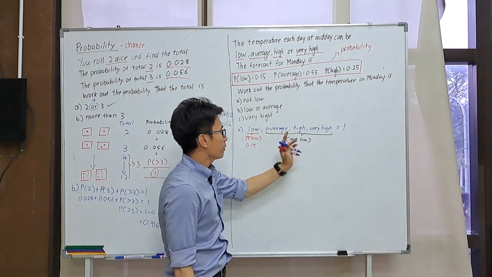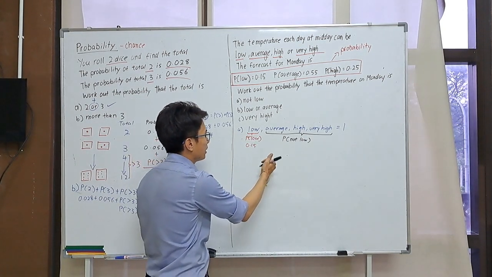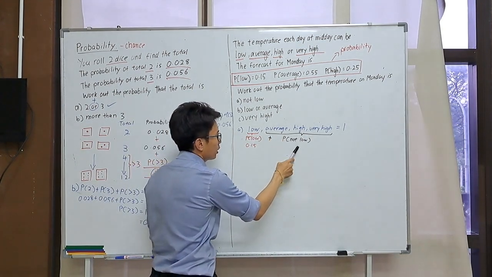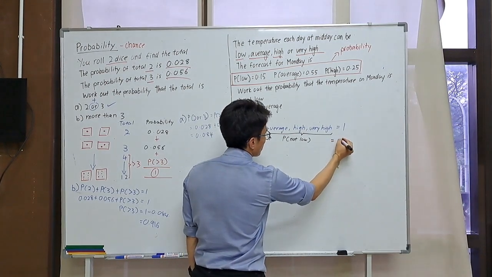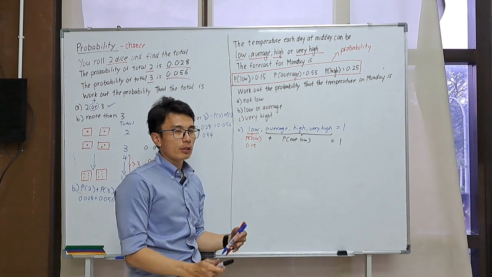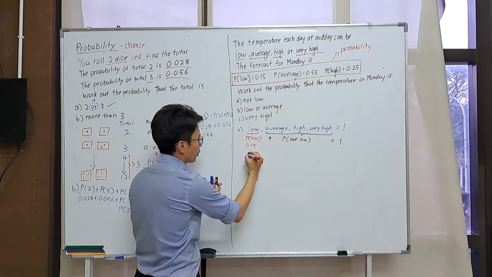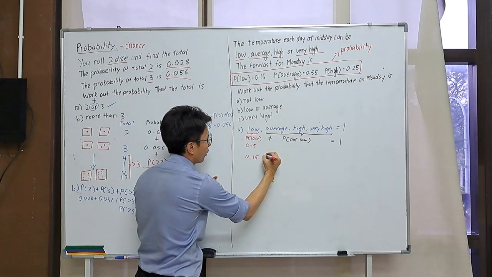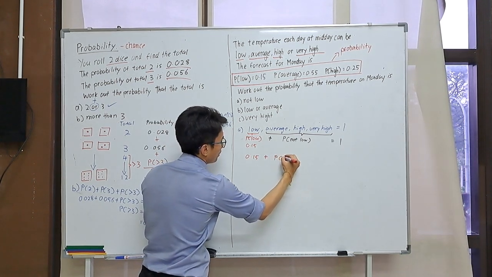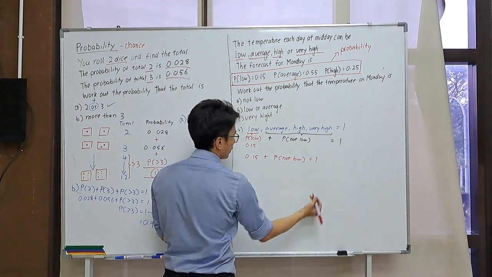So based on this, we can already form an equation. If I have this probability, I add it with this probability, that will give me 1. So I'm going to write this down as a proper equation. My probability of low, which I know is 0.15, plus the probability of not low, equals 1.